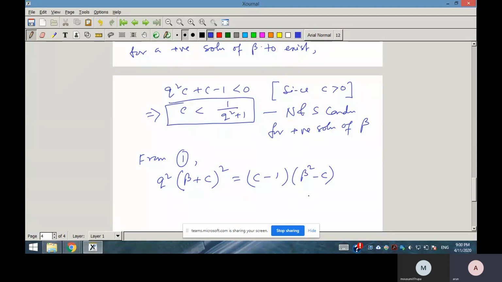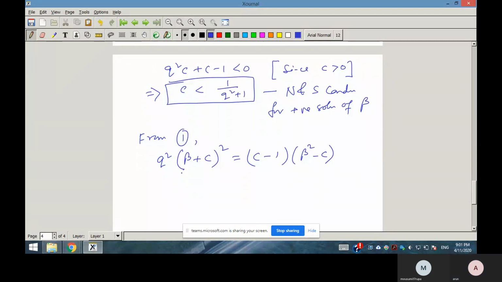Actually, this equation was also there just before equation 5 of the lead controller. There it was in terms of alpha. Now I have just replaced alpha by beta. So from this equation, you see the left hand side is greater than 0.